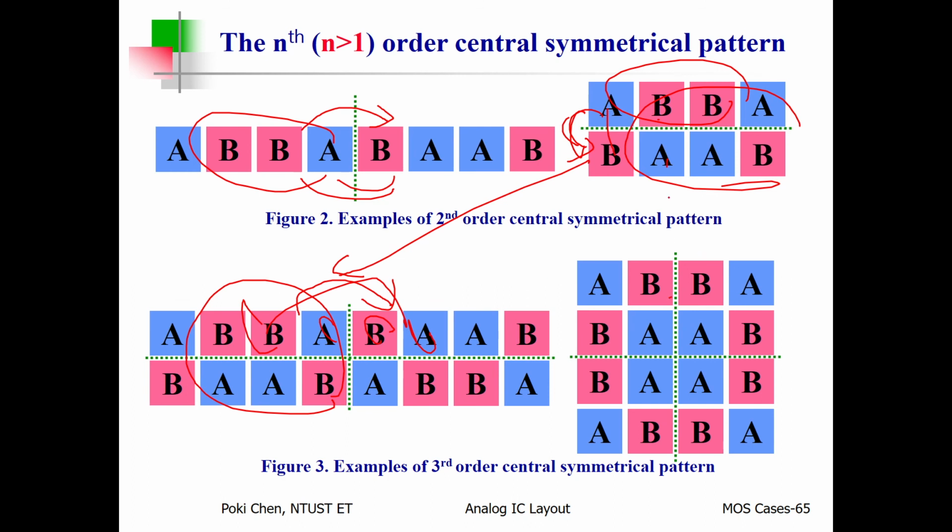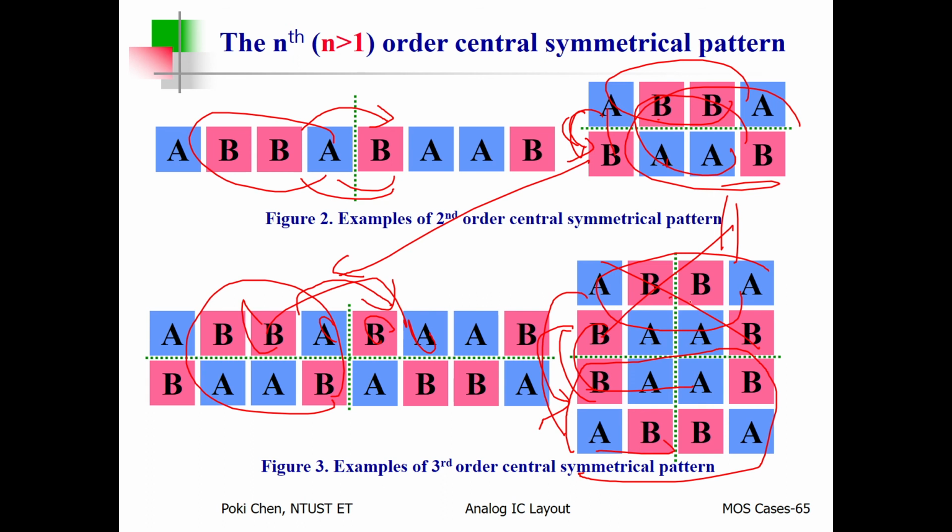However, for the same block here, they are the same, right? If you would like to flip it vertically, then you need to apply what? Symmetry instead of anti-symmetry. B becomes B, A becomes A. If you move back the newly generated block, you will see BAAB; ABBA won't be the same as the original one.